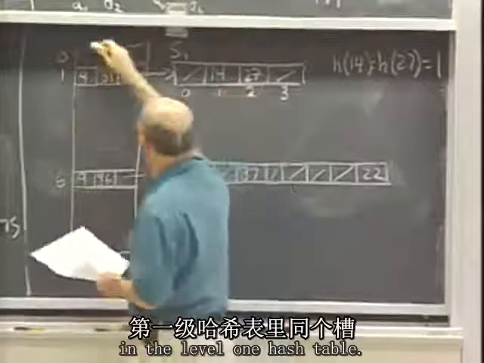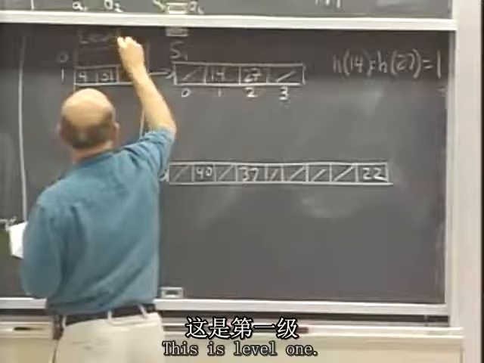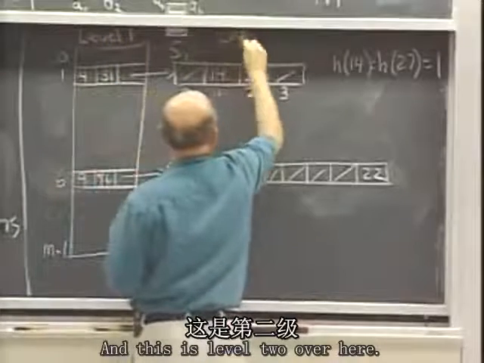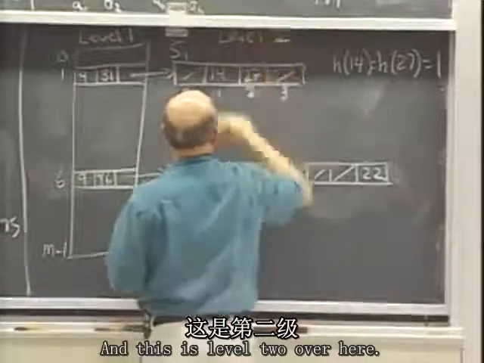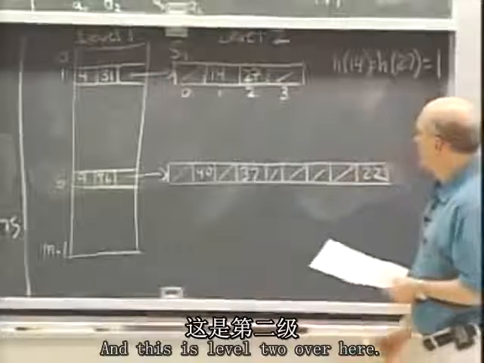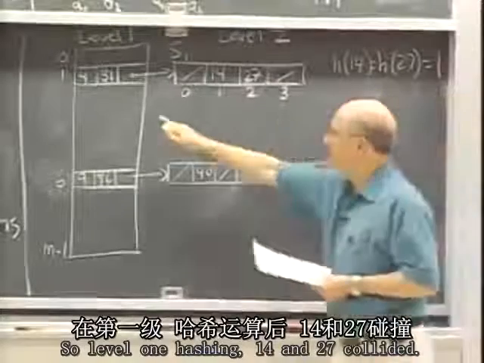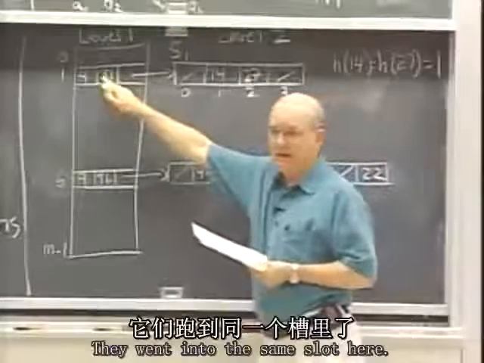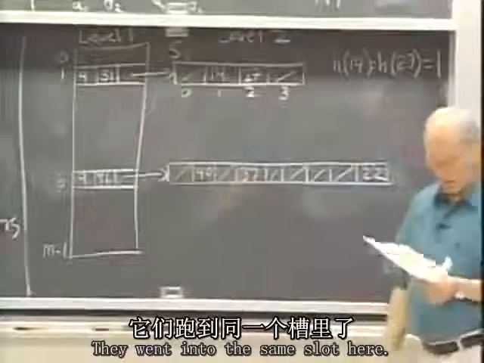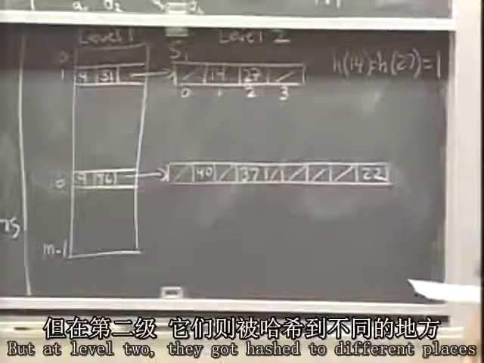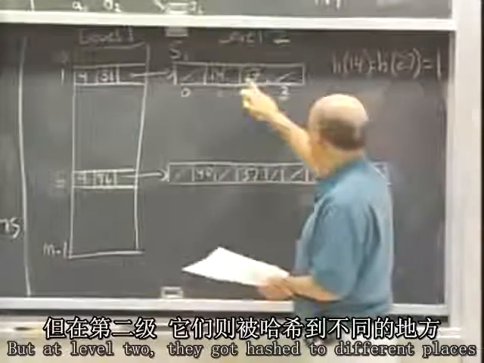So this is level 1, and this is level 2 over here. So at level 1 hashing, 14 and 27 collided. They went into the same slot here. But at level 2, they got hashed to different places.